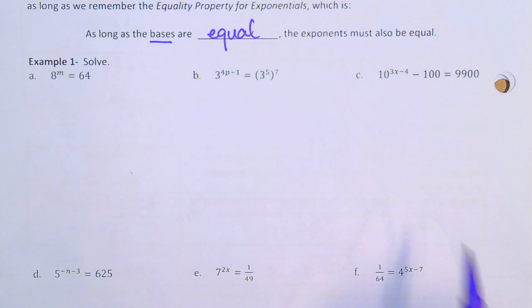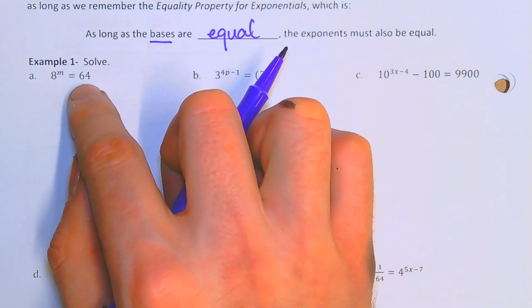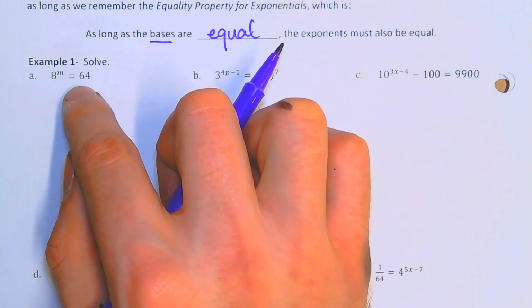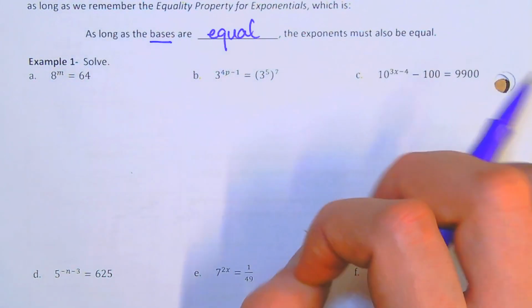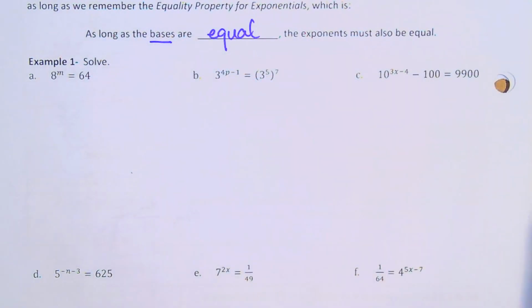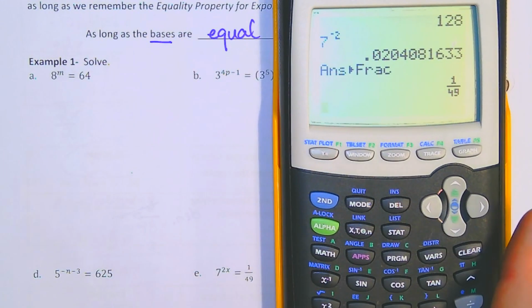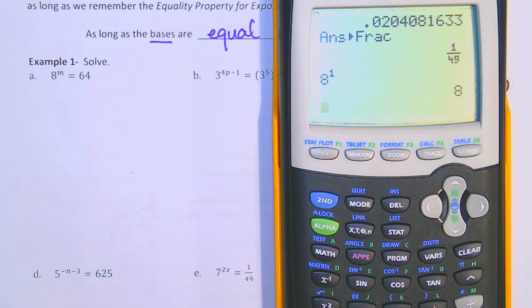So as long as the bases are equal, what I want to do here is find 64, but as an exponent with a base of 8. What does that look like? Well, here's what I want you guys to do. I want you to start typing in exponents, starting at 1, until you get to 64.